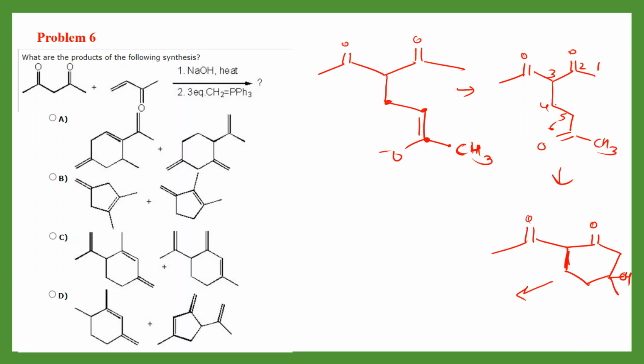Correct, na? 1, 2, 3, 4, 5, 6, and that 6, let me give numbers, why get confused. 1, 2, 3, 4, 5, 6, and it will form this. So this is your main product.